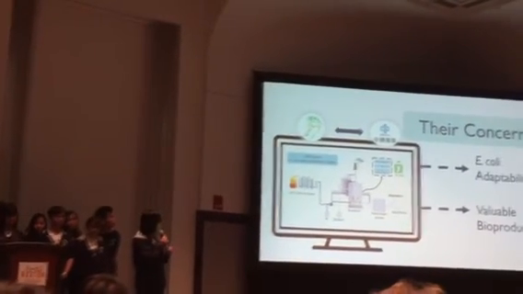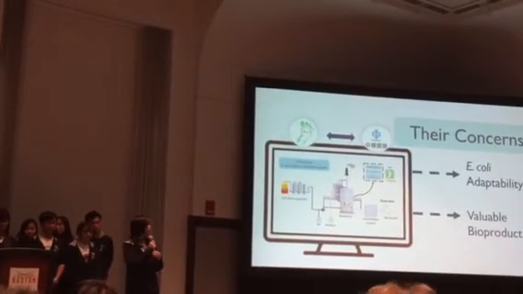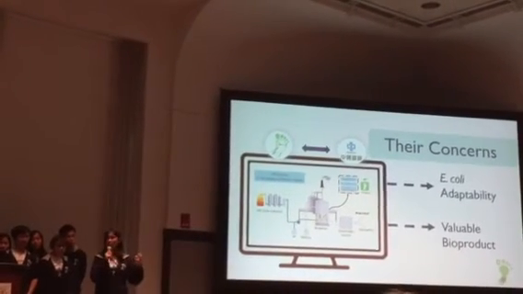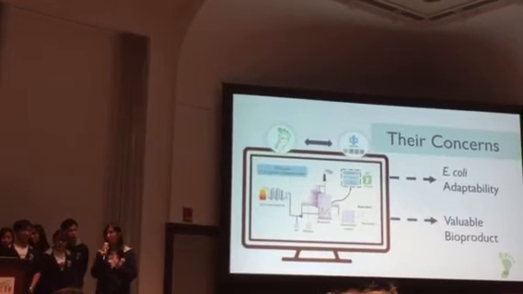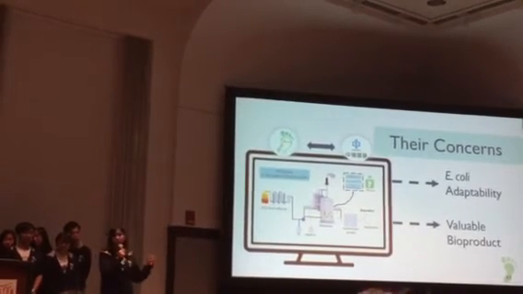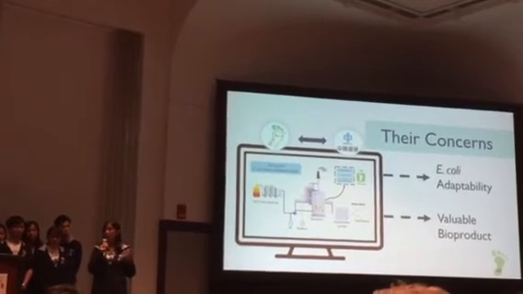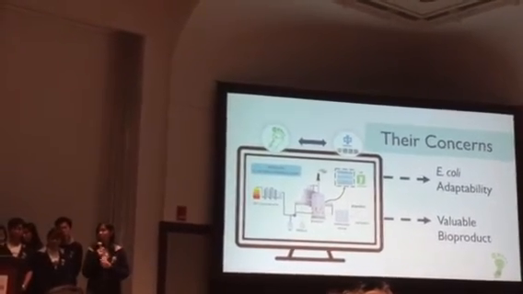Another part is a valuable product. The China Steel Corporation thinks that if we can not just fix carbon but also convert carbon into a commercial product, that would be valuable. So after the meeting, we planned to design other pathway E. coli which can convert carbon dioxide into a commercial product.